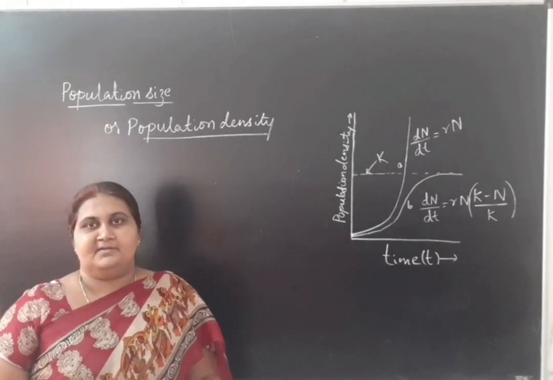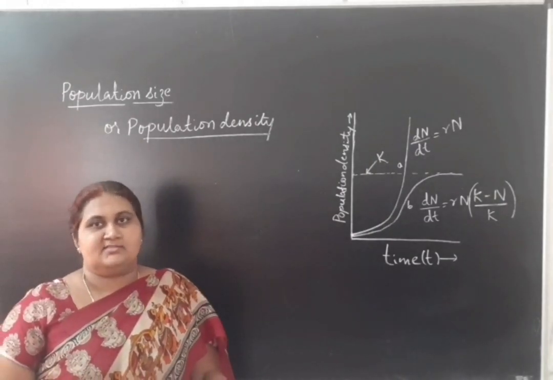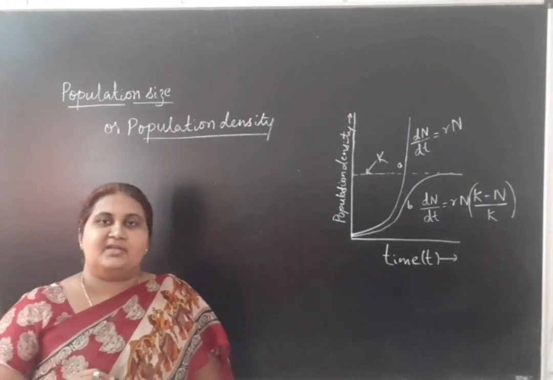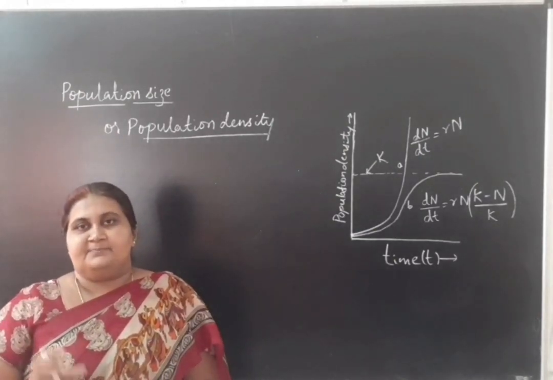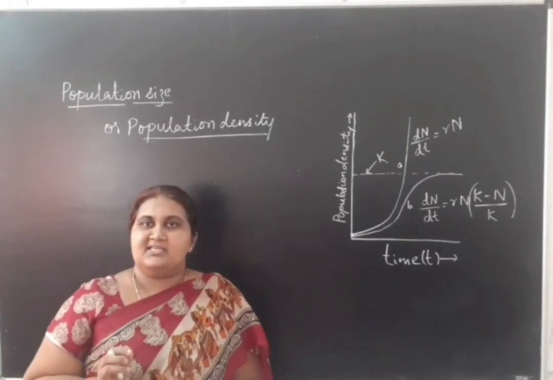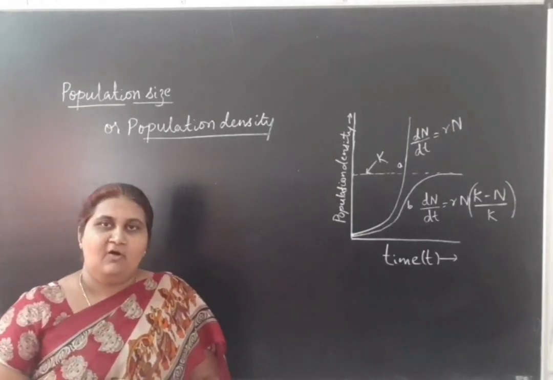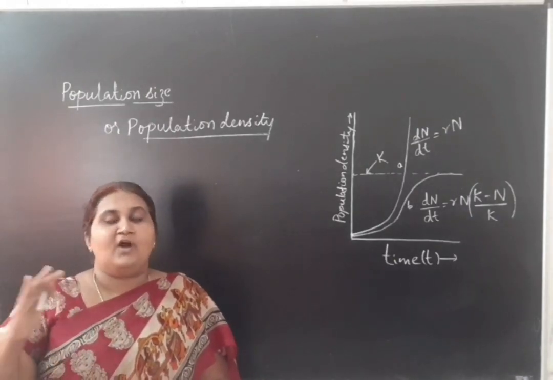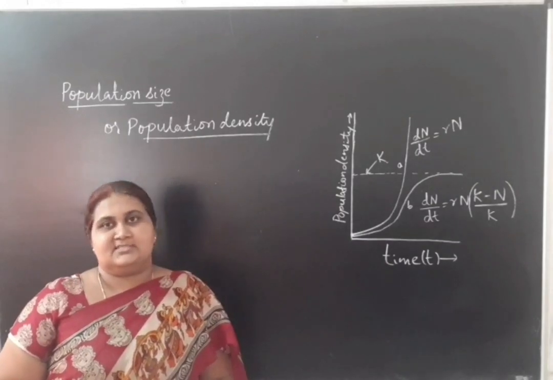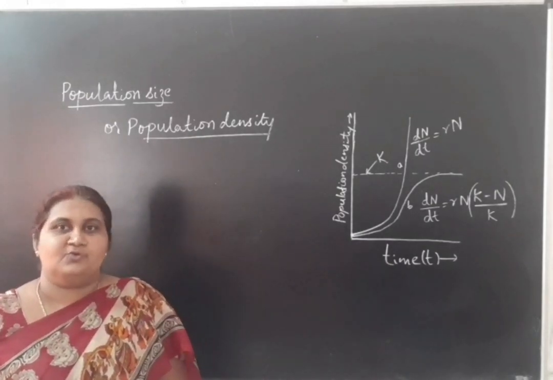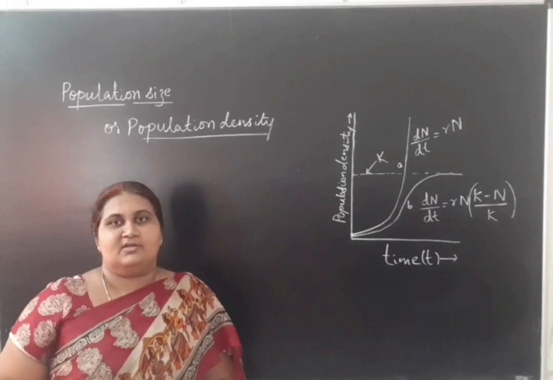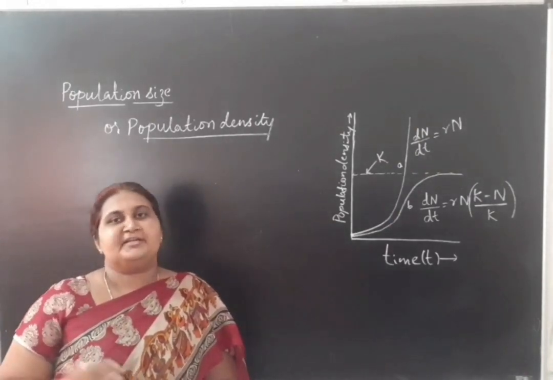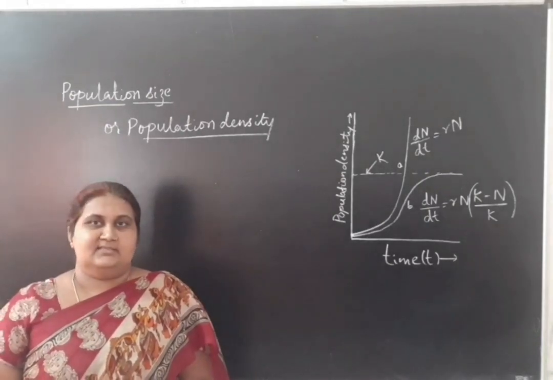For example, when the Siberian cranes visit the Bharatpur wetlands during winter, the Siberian crane population size will be less than 10, or it might go up to the millions, like for example, Chlamydomonas found in a water body. So it might be less than 10, or it might go up to the millions.